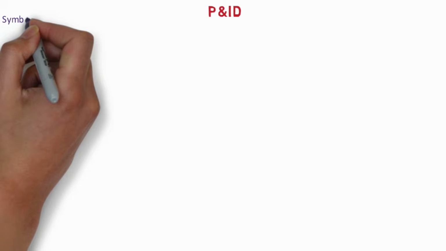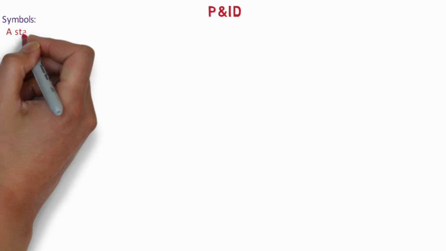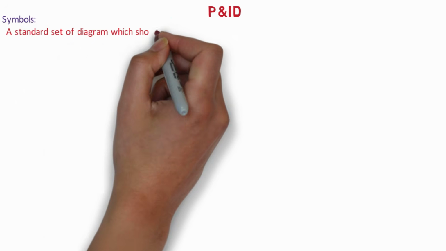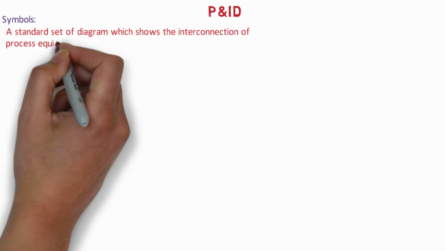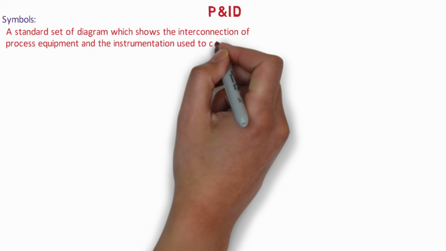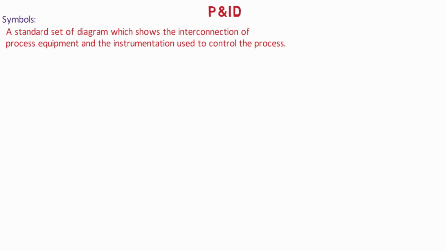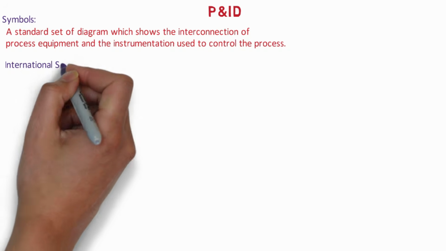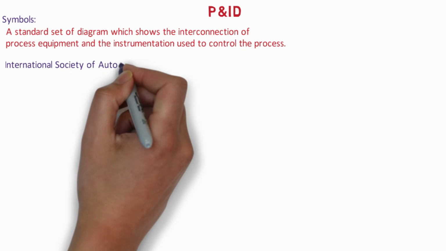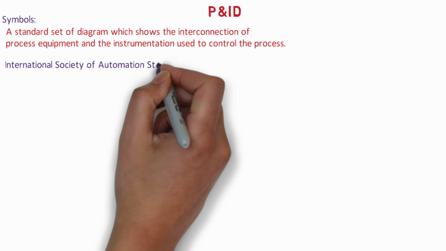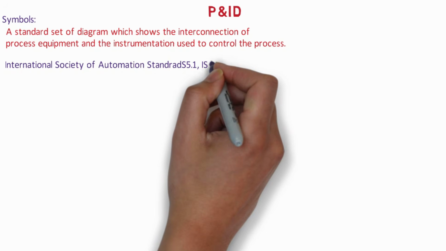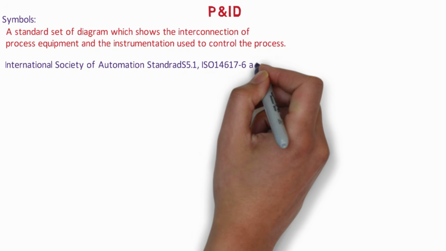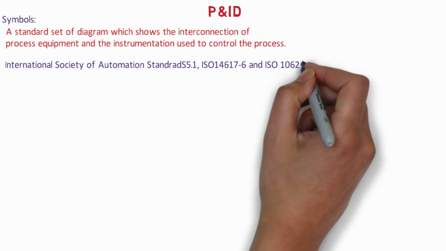Now, let's start with what symbols are and the different types of symbols used in P&IDs. A standard set of diagrams shows the interconnection of process equipment and the instrumentation used to control the process. The instrumentation symbols used in these drawings are generally based on International Society of Automation standard ANSI/ISA S5.1, ISO 14617-6 and ISO 10628.